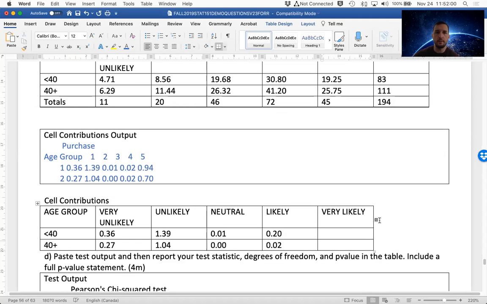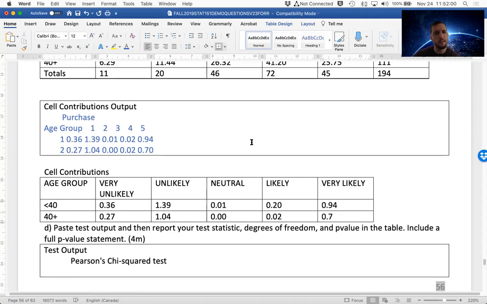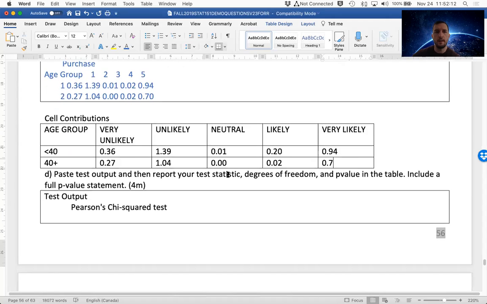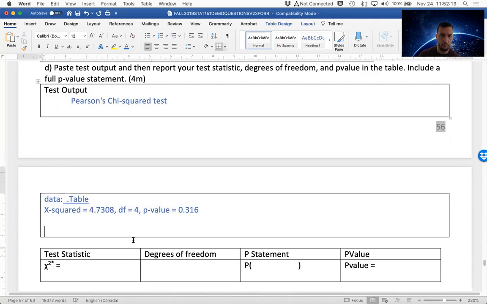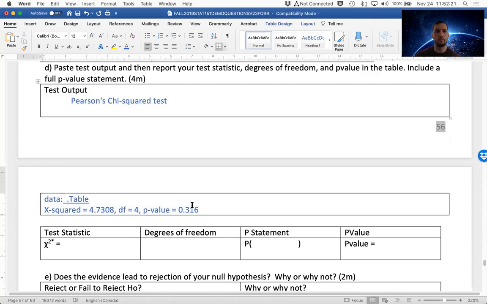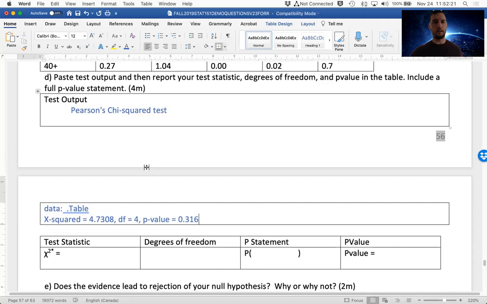This is basically just telling us how much each of the different cells contributed to the test statistic. And then finally down here we have the output from the test. I apologize for going fast, but there is quite a bit to get done, so I'm just trying to squeeze it all in here.